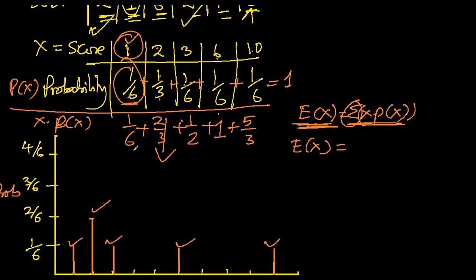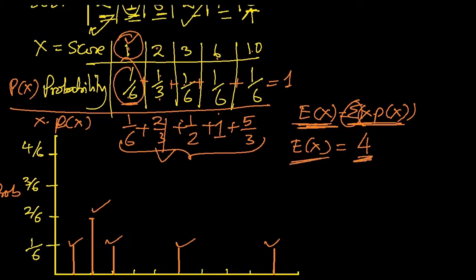So expected value in this case will be the sum of all of these, and I got 4. This means when you roll such a die, when your scores are halved and doubled based on odd and even, on average your score will be 4. If you do it many times, your score is expected to be 4.